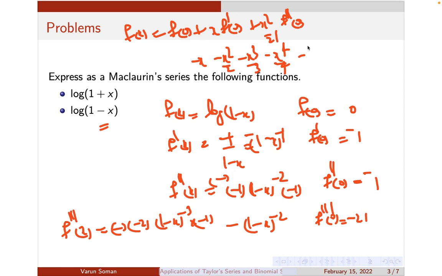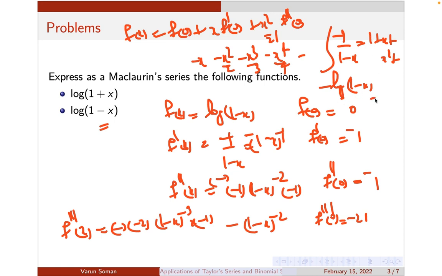Or you can also use the integration technique, because you know the expansion of 1 by 1 minus x, it is simply 1 plus x plus x square plus etc. The integral of this quantity is minus of log 1 minus x, because the derivative of 1 minus x is minus 1, so the derivative is lying in the denominator. So when you integrate, you should get minus of log 1 minus x.